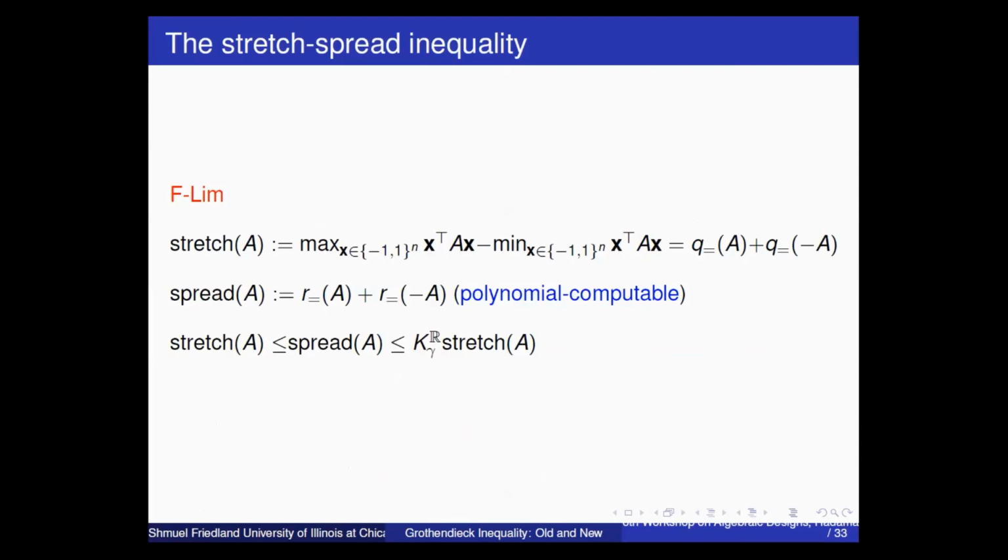Suppose you want to know what we call the spread of this quadratic form, in which x takes values minus 1 and 1. This is the maximum minus the minimum, so this is the spread. And this is the stretch, which is when you take the SDP approximation. So the spread is less than or equal to the stretch, but less than or equal to K_G times the spread. Okay. Next.